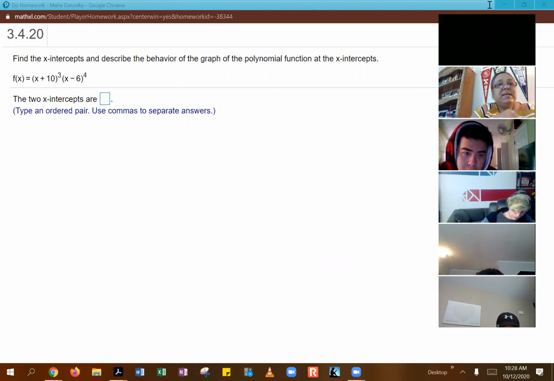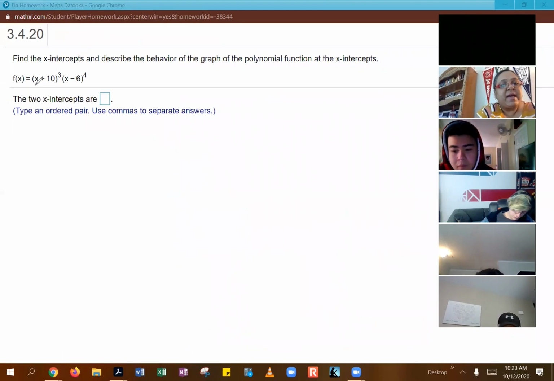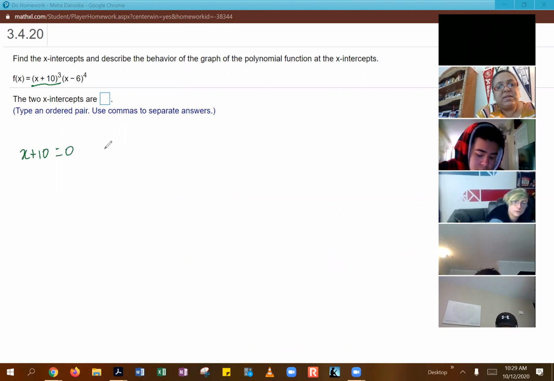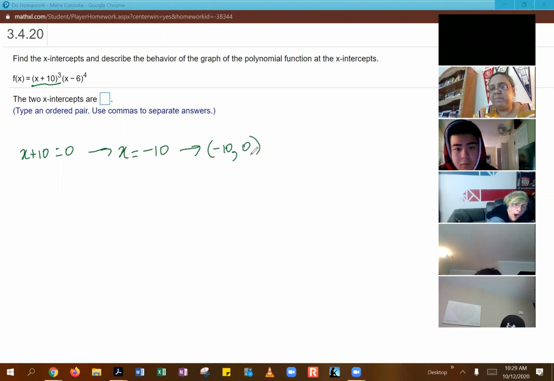Okay, so as you can see here, you have x plus 10 to the third power. So you would of course take that x plus 10, set it equal to 0, which would end up giving you x equals negative 10. So that would be your x-intercept of negative 10, 0.